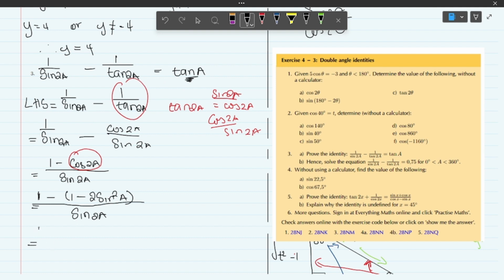So izawuba ngu-1 multiply by minus 1 times 1 minus 1, then minus 1 times minus 2 sine squared a izawuba ngu-plus 2 sine squared a, and then u-sine 2a isiyahamba nayo i-double angle. So siyamsolva nayo izawuba ngu-2 sine a cos a.